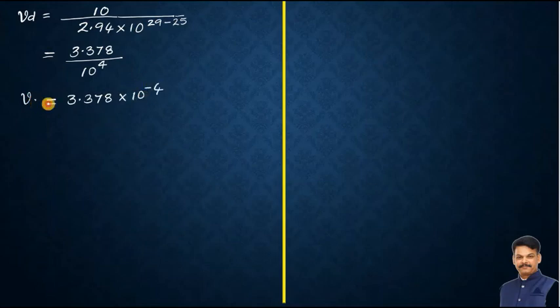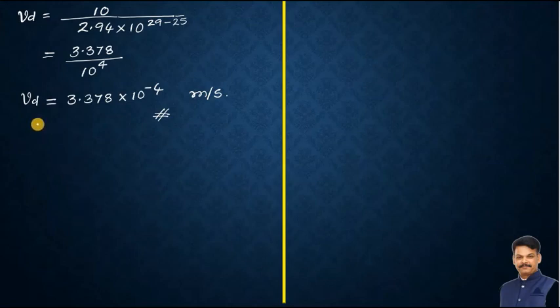Yes, that is the drift velocity, and its unit is meter per second. If you want, you can express it in terms of some other value also, but if you stop at this stage, then also it is more than sufficient.